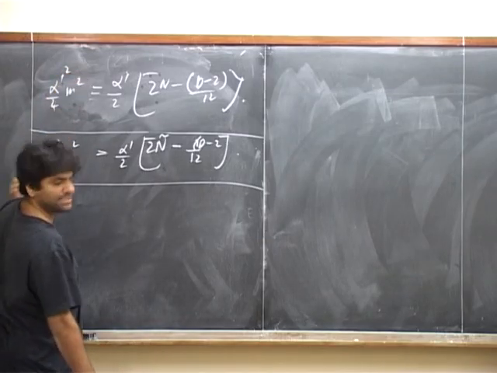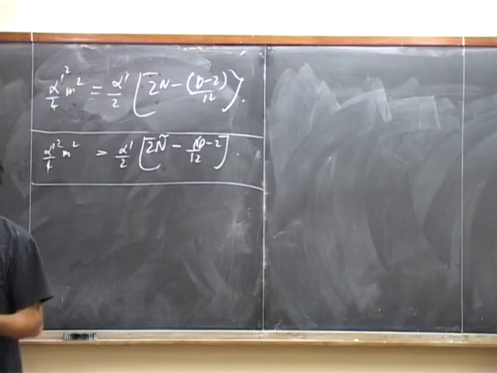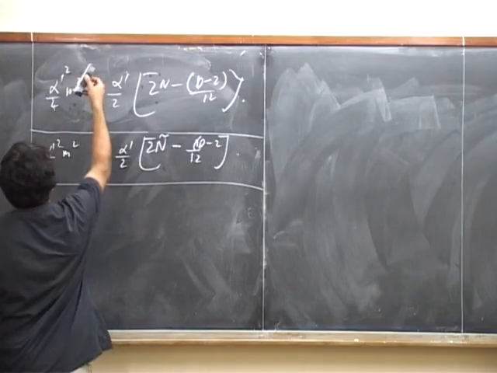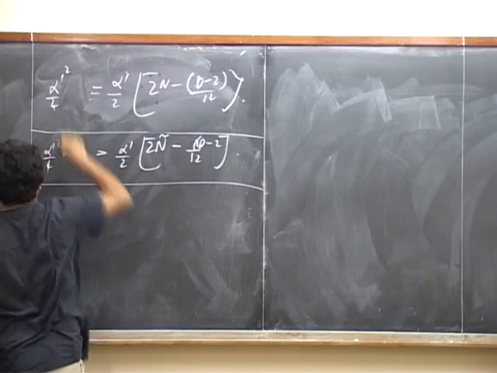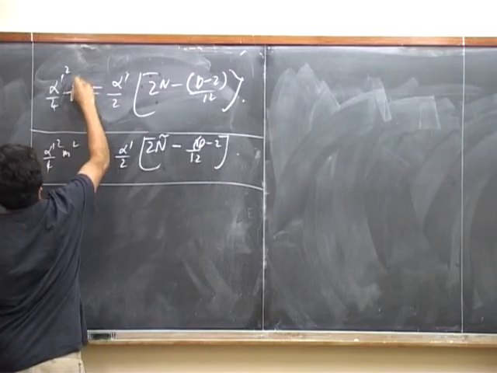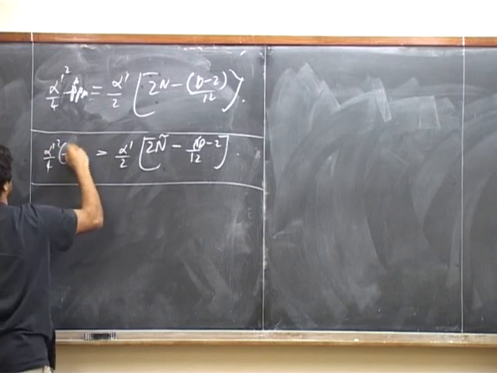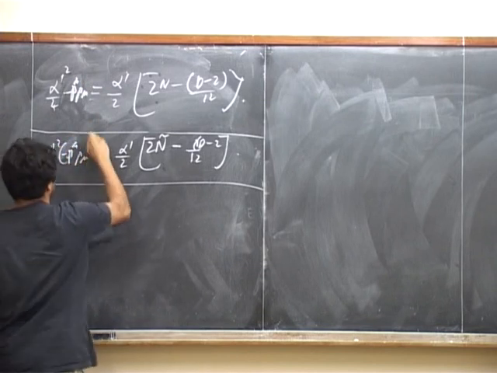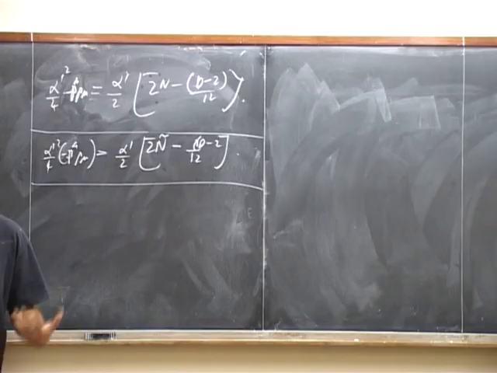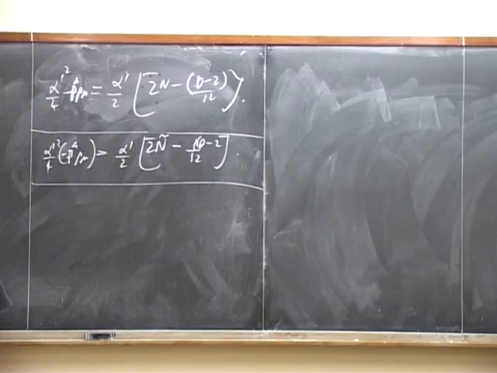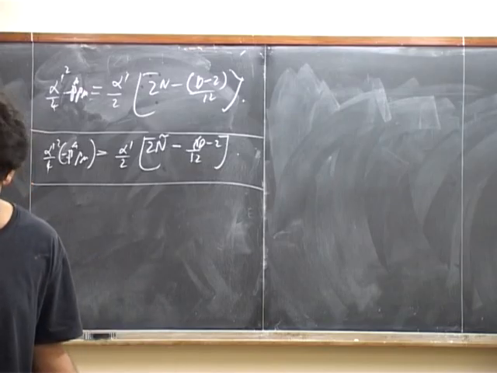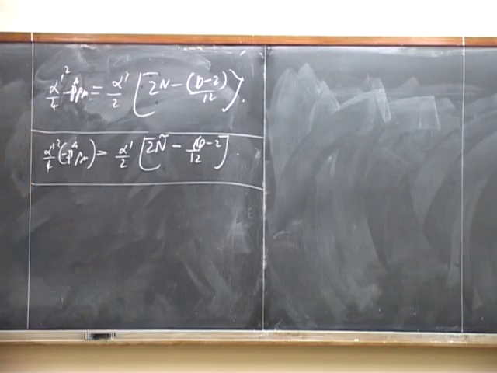This mass squared term was minus p squared. It was simply the contribution to the Hamiltonian from the kinetic term for the zero modes.